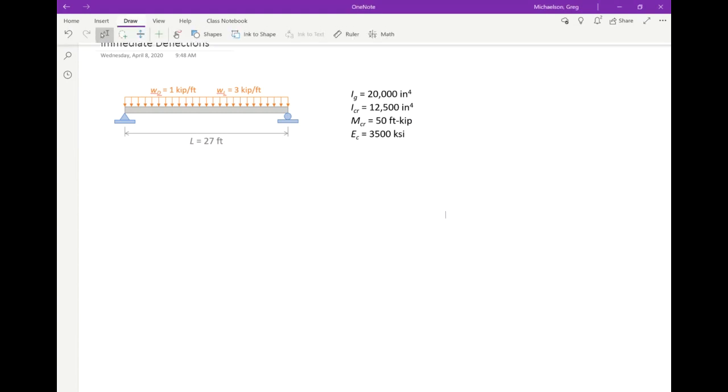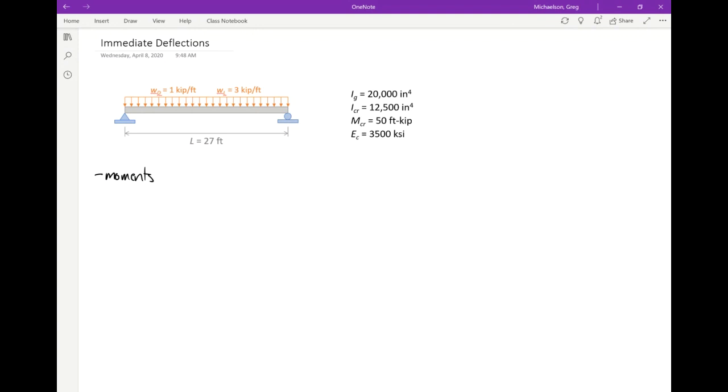So let's start off with some basic calculations. First off, I want to look at the moments on the beam. We have a beam that's subjected to a uniformly distributed dead load of 1 kip per foot and 3 kips per foot for dead and live load. I'm going to compute these separately.